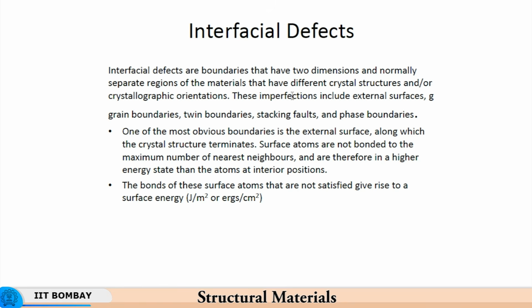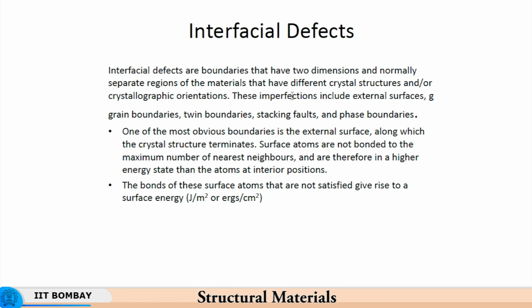Surface atoms are not bonded to the maximum number of nearest neighbors, and therefore they are in a higher energy state than atoms in the interior positions, because atoms in the interior are the ones which have a chance of occupying the position of minimum energy, whereas atoms on the surface do not have that opportunity.